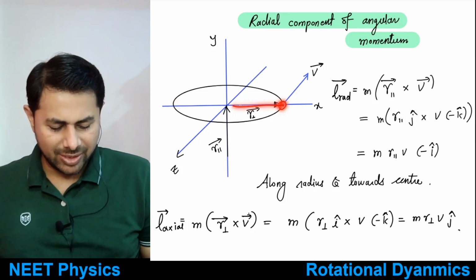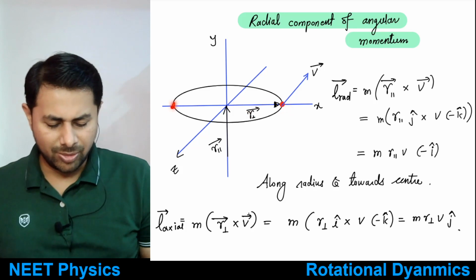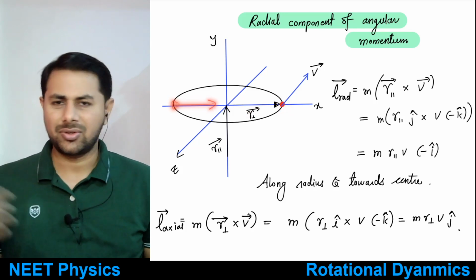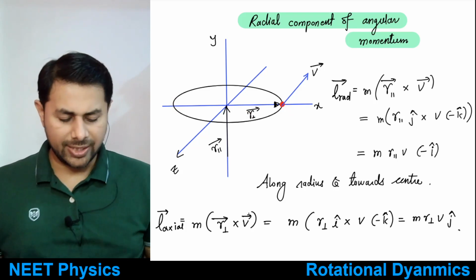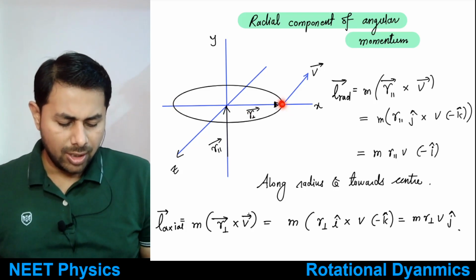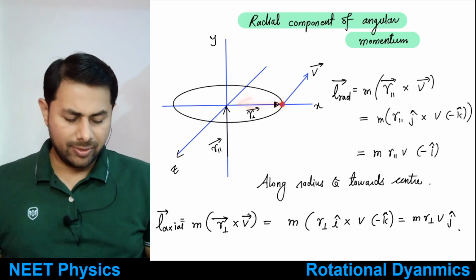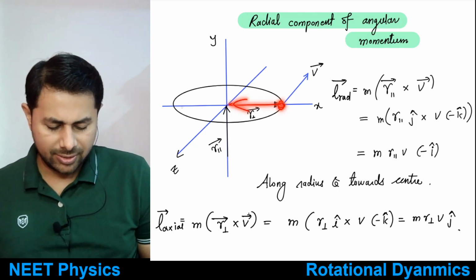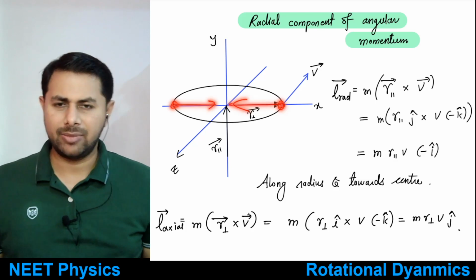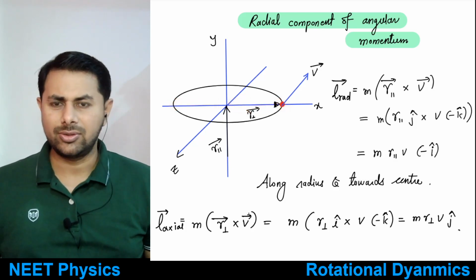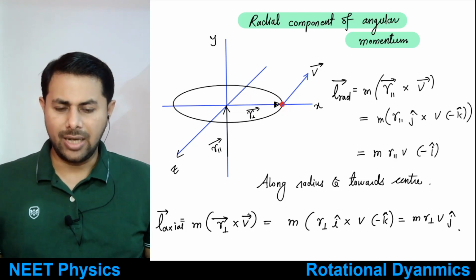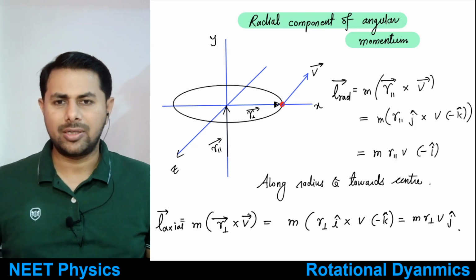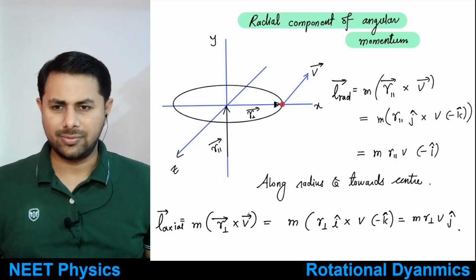The radial component of angular momentum of this particle is directed like this, of this particle it will be directed like this. If you add it up, the total will be equal to 0. This thing is clear. For symmetric bodies, the radial component of angular momentum is equal to 0.